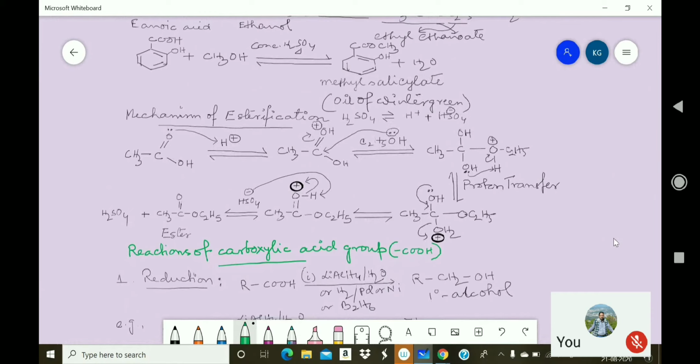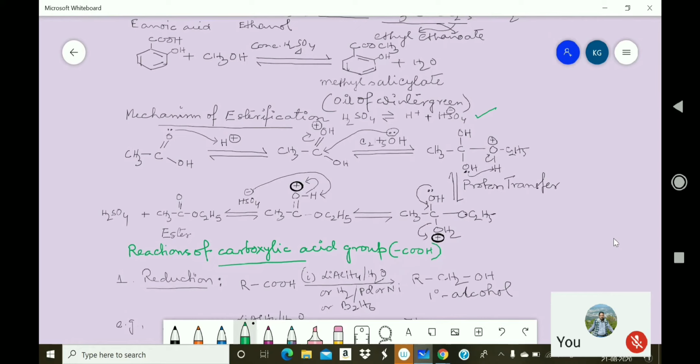Here we can follow the mechanism of this esterification process. First of all, in presence of concentrated sulfuric acid as dehydrating agent, we have the protonation of the acid, ionization giving rise to this H plus, which helps in protonating the carboxylic acid.